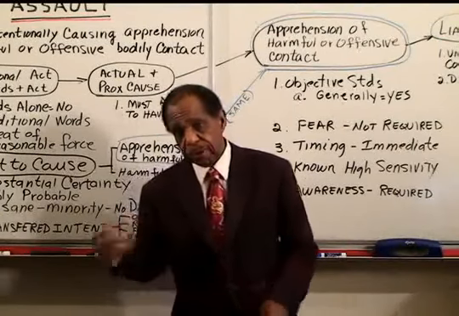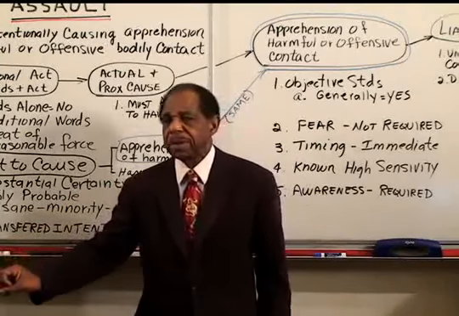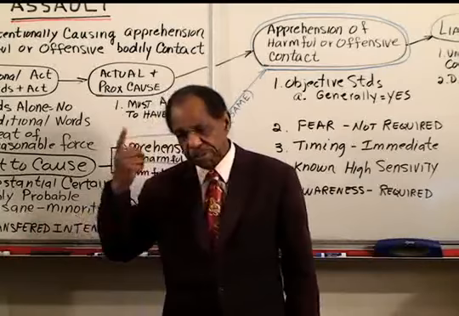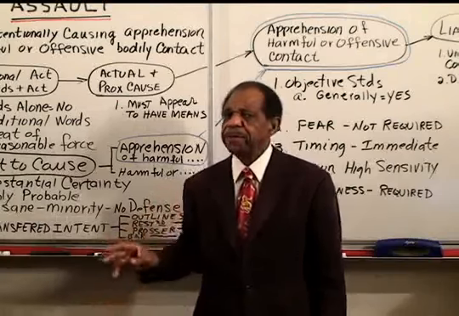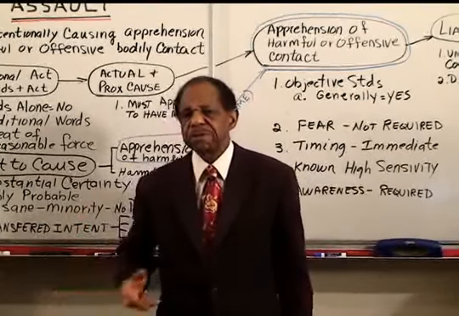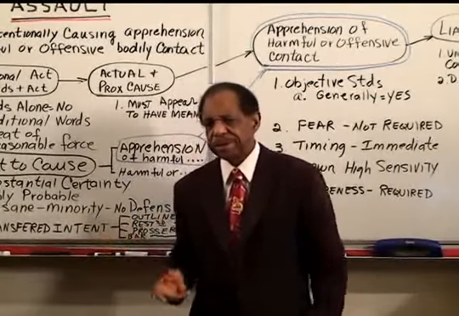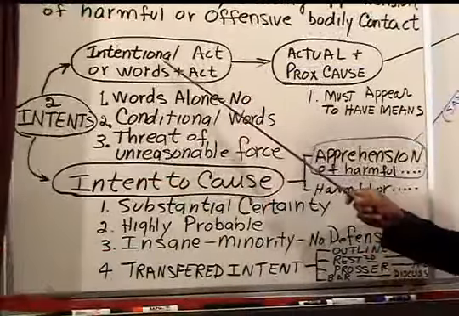But if you are falling to the ground and you put your arm out to brace the fall, that's an intentional act because it went from your brain out to your muscles. And so not reflex things. If a person is ill and their body moves as a result of the illness, that's not an intentional act. But we're talking about where you intentionally do the act, whatever that act is.